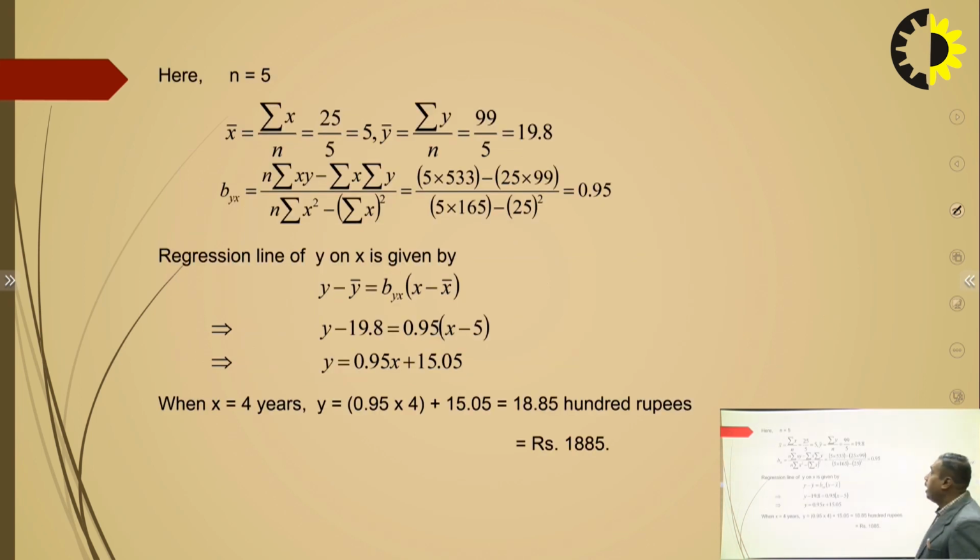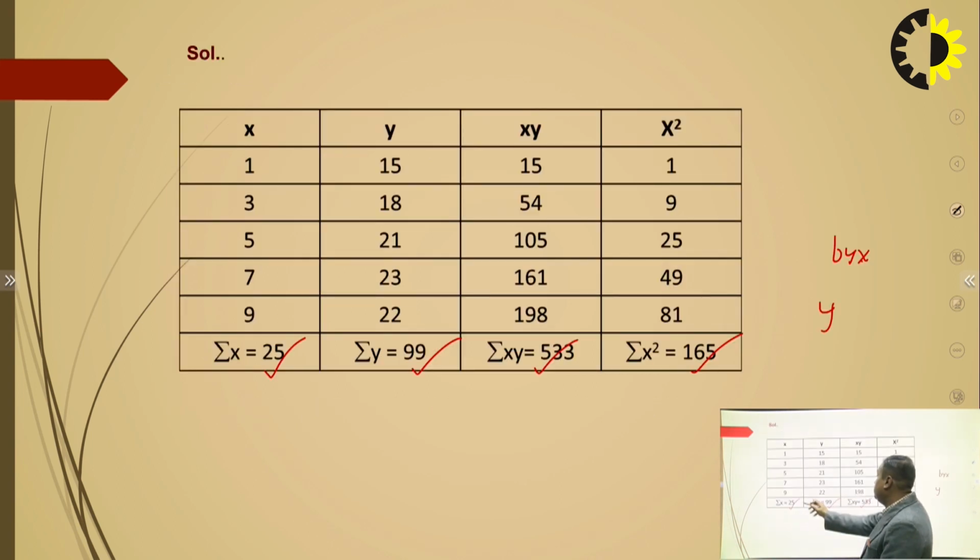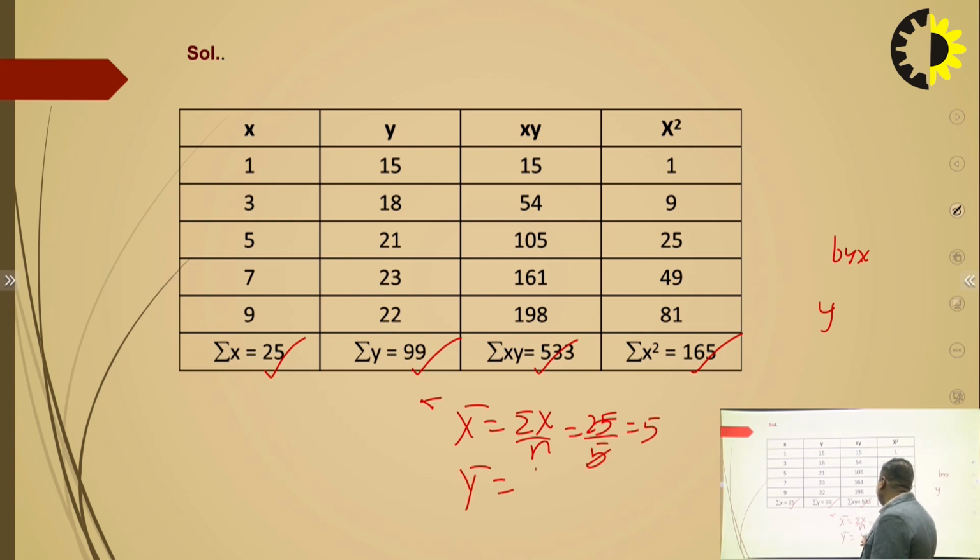Here n is equal to 5, the number of terms. X bar is equal to summation x by n, that is 25 by 5, which is 5. Y bar is equal to 99 by 5.